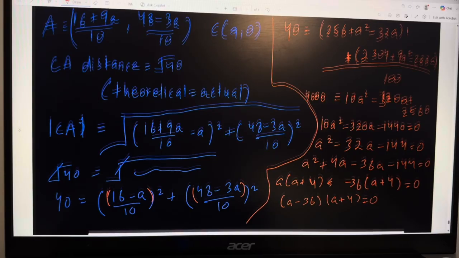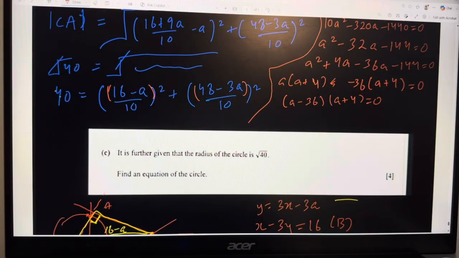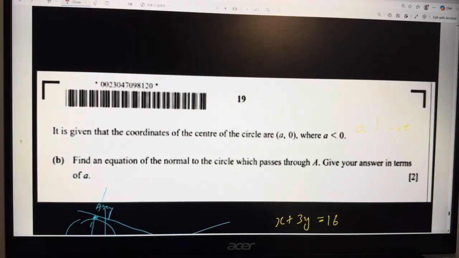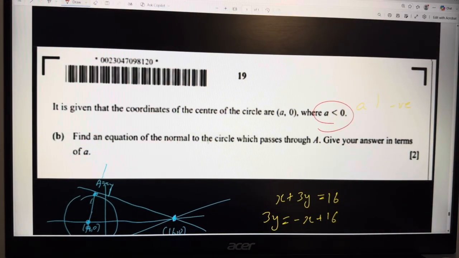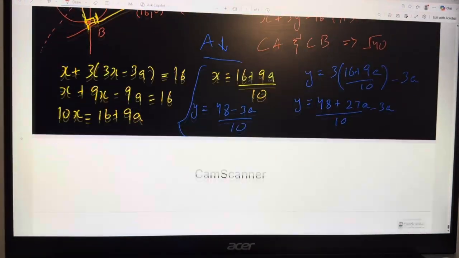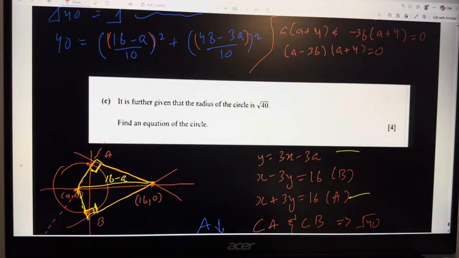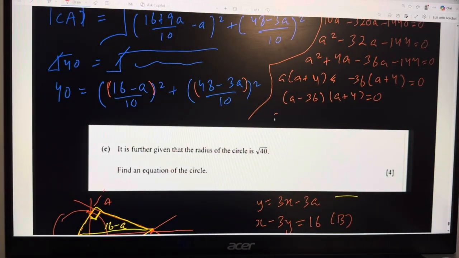And of course, in the question, if you haven't forgotten, above here it said that a is less than 0, so a is negative here. So a is equal to minus 4.